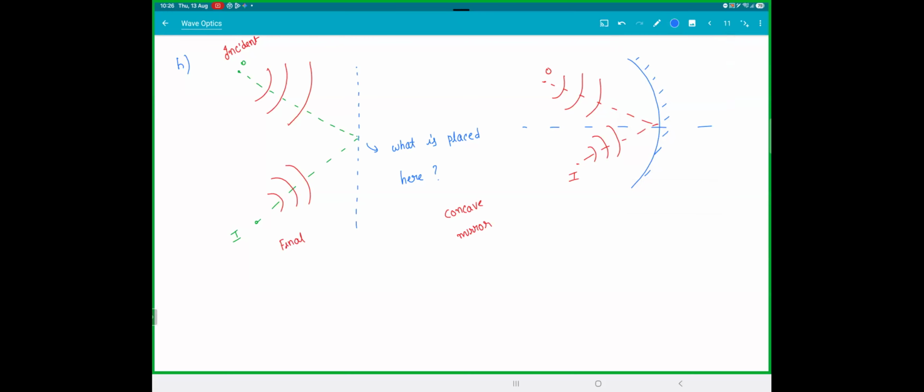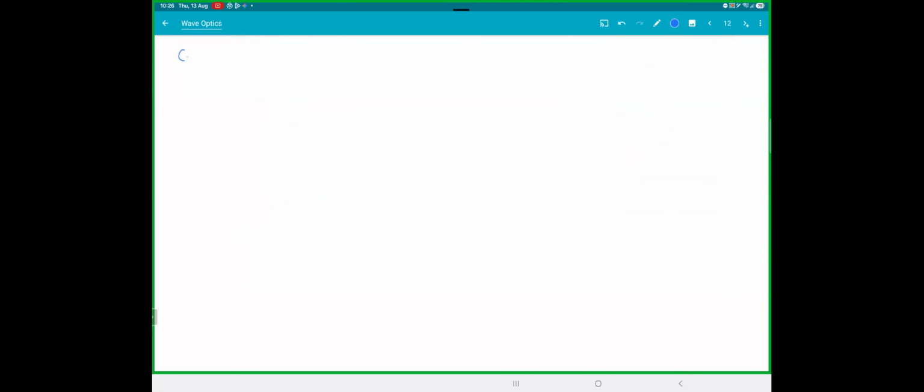Next thing, coherent sources. So what are coherent sources? Two sources are said to be coherent if they have the same frequency and a constant phase difference.